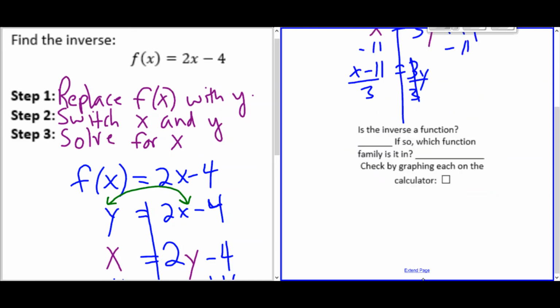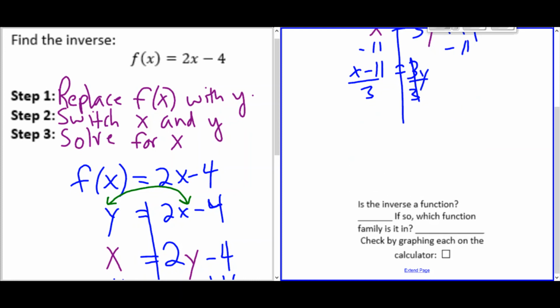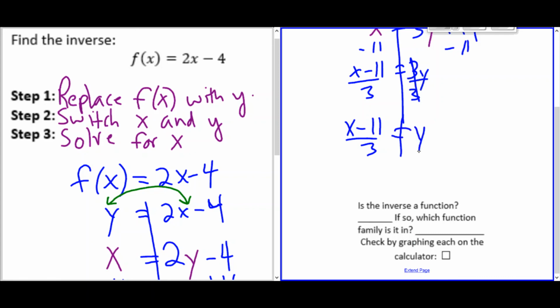So those 3's cancel. And so I get x minus 11 over 3 equals y. And you could leave your answer like that, but again, it's good to separate them so that we can see our x part and then our constant part.